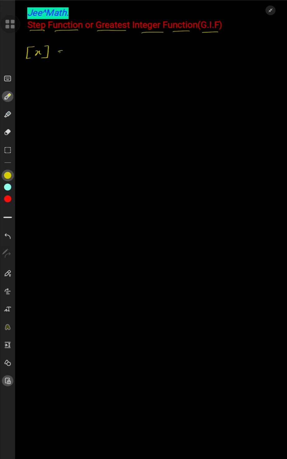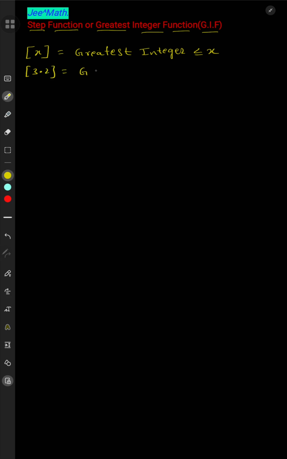So see, which is defined as greatest integer less than or equal to x. Greatest integer, step x means what? Greatest integer less than or equal to x. For example, you see here in place of x I am substituting 3.2 on both sides.